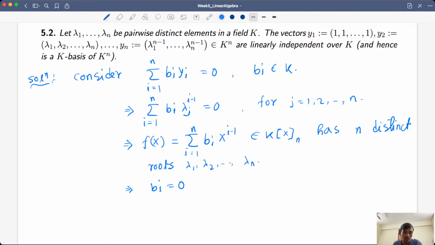So I have b i equal to 0 for 1 ≤ i ≤ n, by the fundamental theorem of algebra.